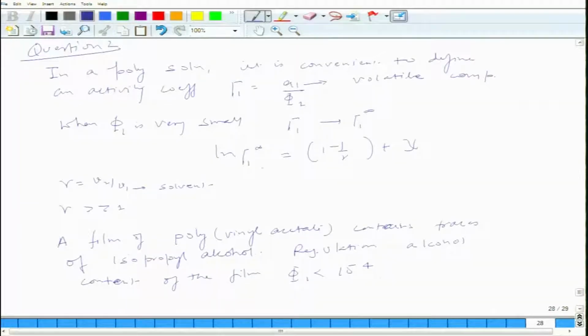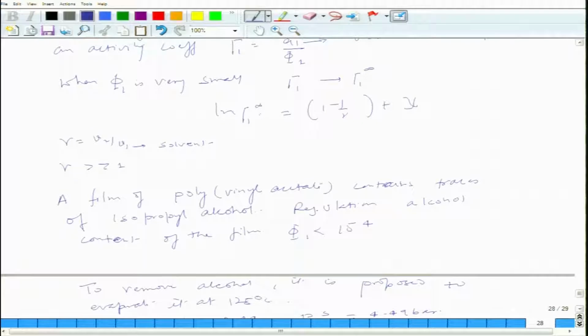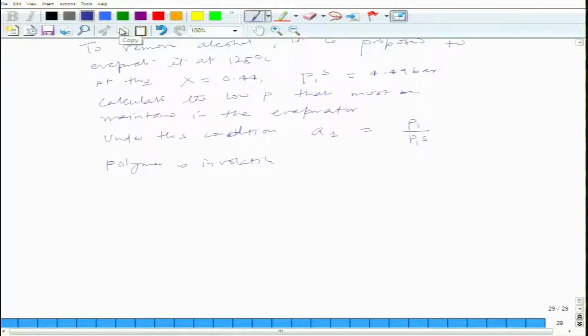The Flory-Huggins theory already states that ln gamma 1 infinity, considering that gamma is greater than 1, can be written as simply 1 plus chi. Let me solve here.